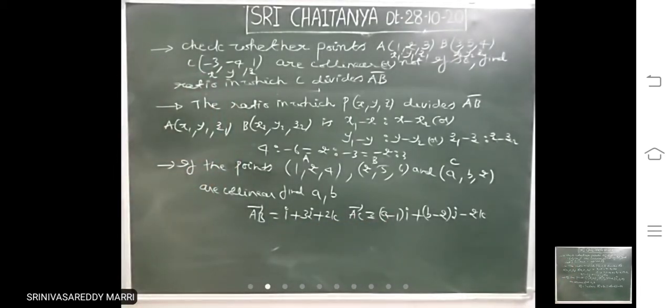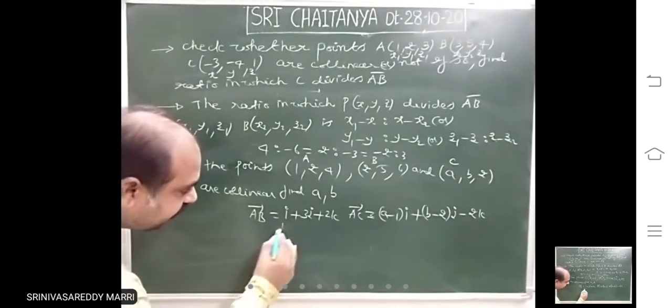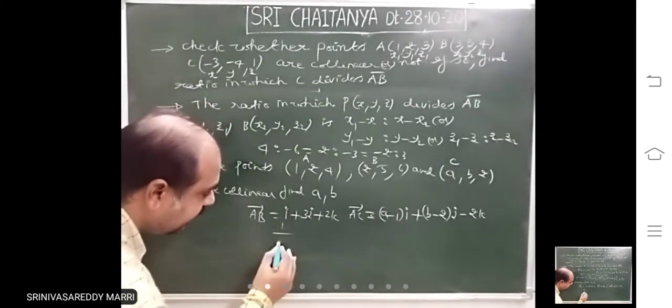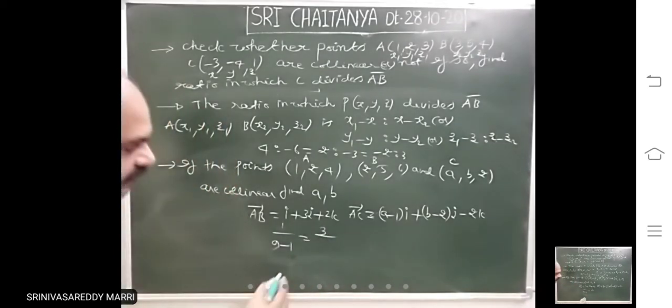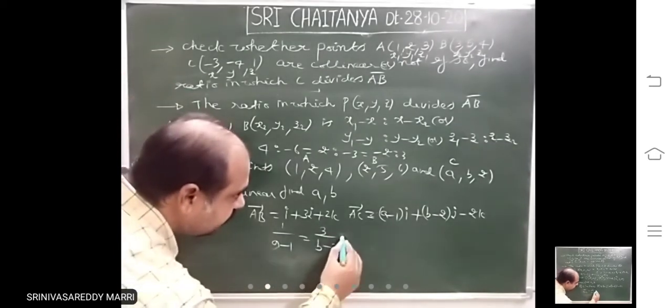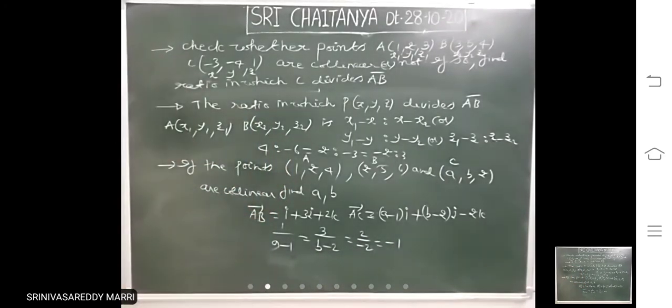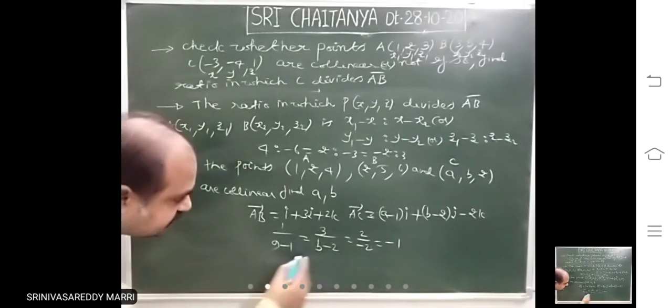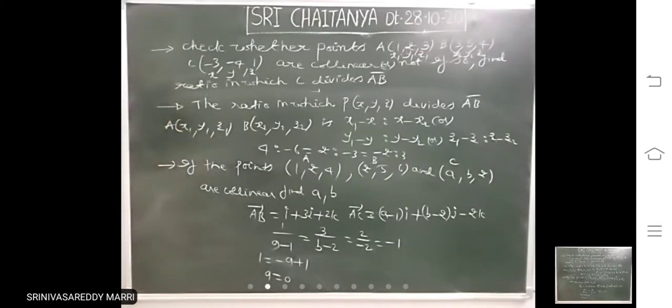These two are collinear means compare A1 by A2 equals B1 by B2 equals 2 by minus 2, that is minus 1. So equate this to minus 1. So 1 equal to minus A plus 1. A is what? 0.